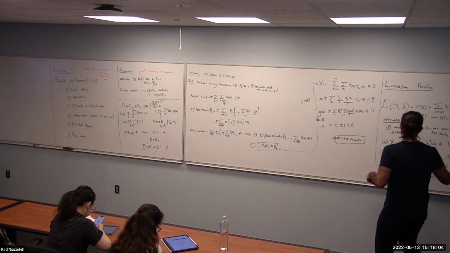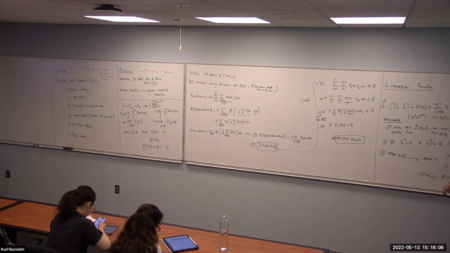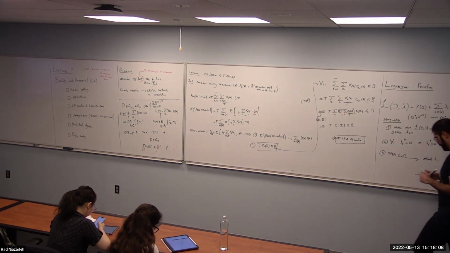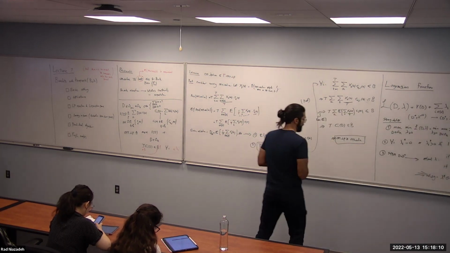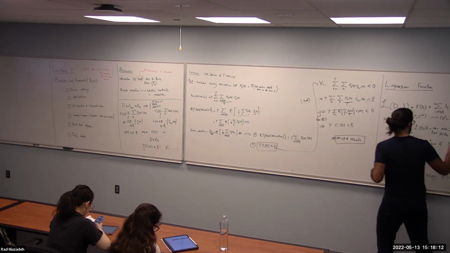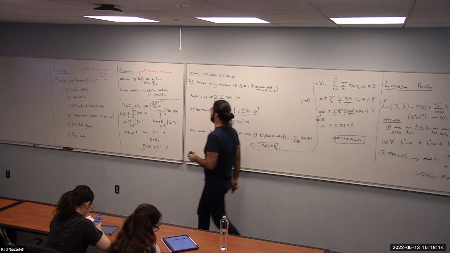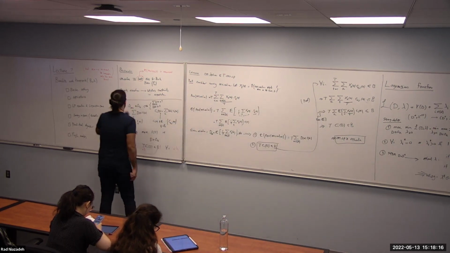All right, so adding this constraint is not going to change the solution of the game. Let's actually add that, and then you start seeing a kind of interesting interpretation of the Lagrangian function.